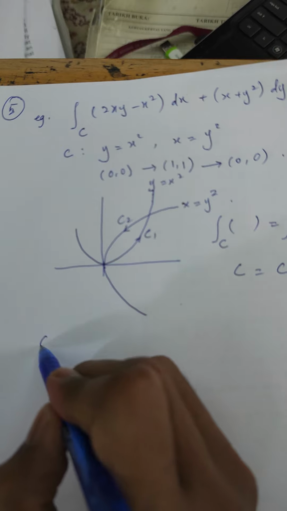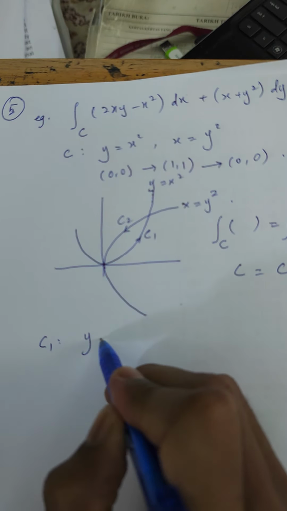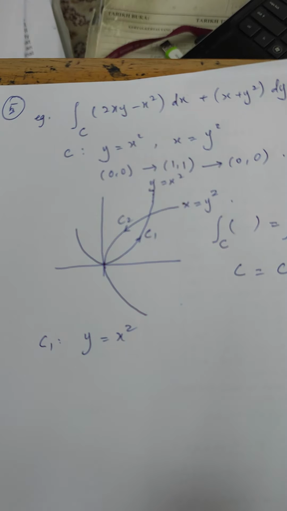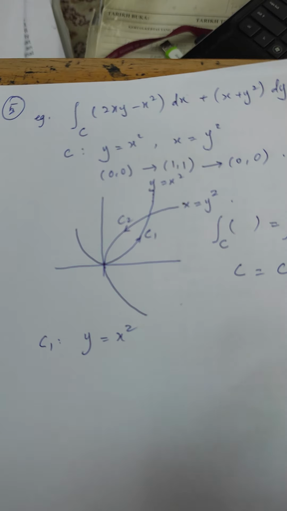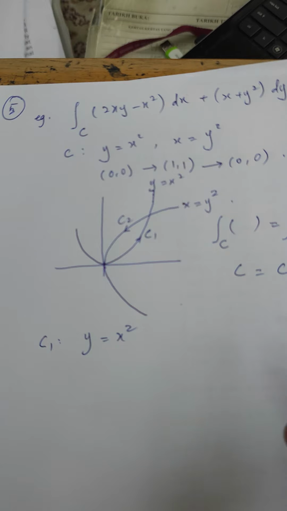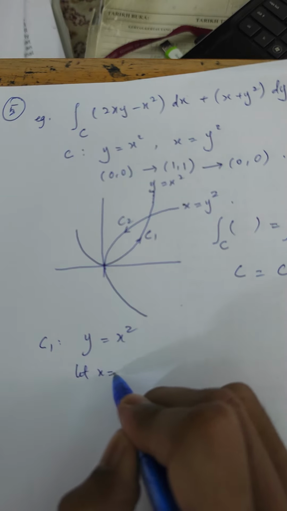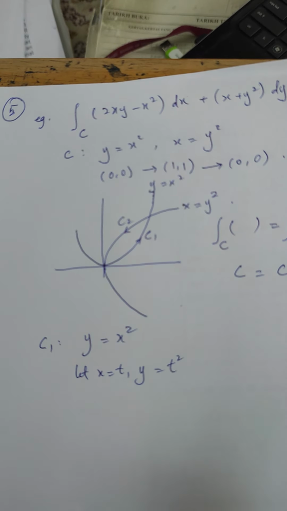First consider C1, where y is equal to x squared. We parameterize this equation, making it a system of parametric equations. Then you can let x equal to t, y equal to t squared.